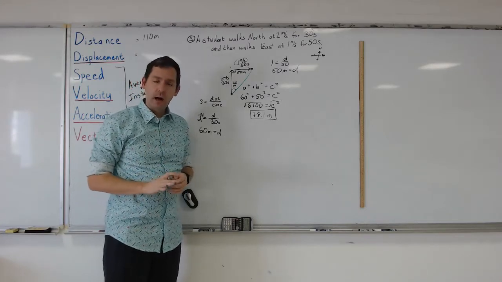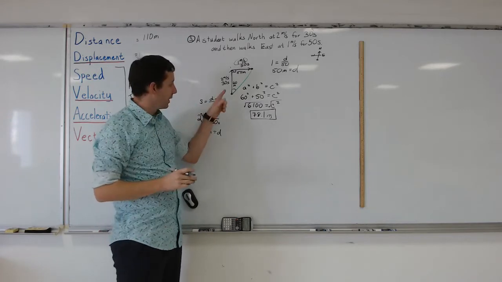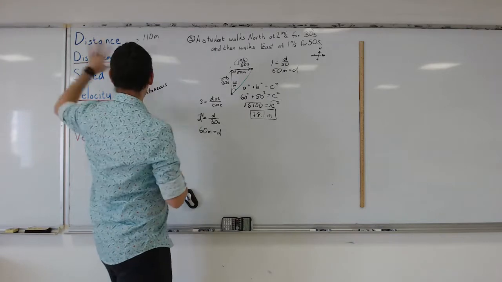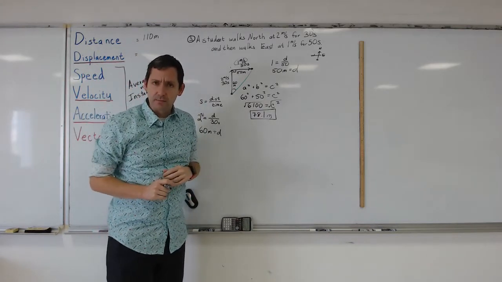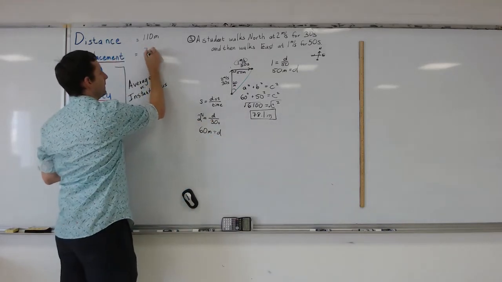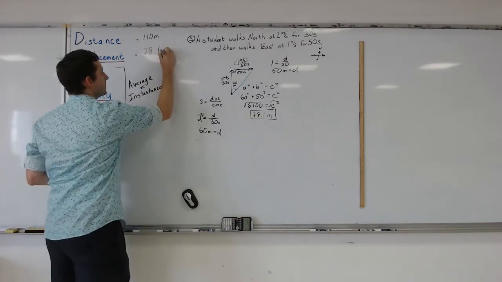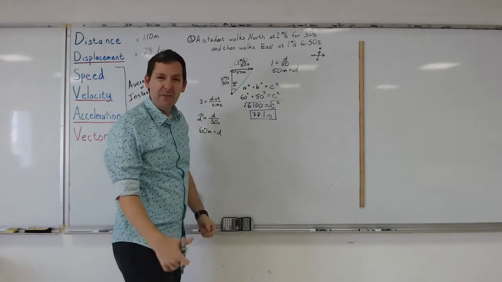For now, I'm not going to ask you to do that. At some point, though, we're going to figure out how to get that angle. For now, don't worry about it. Right now, I want us to worry about distance, displacement, velocity, speed. So, displacement would be 78.1 meters.